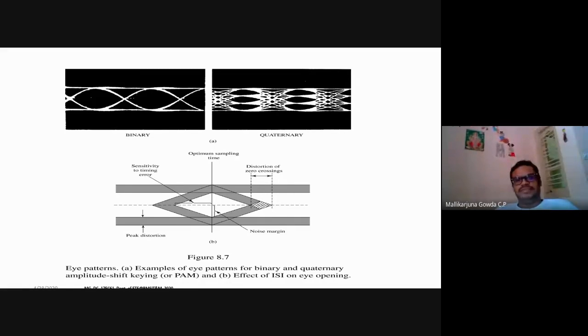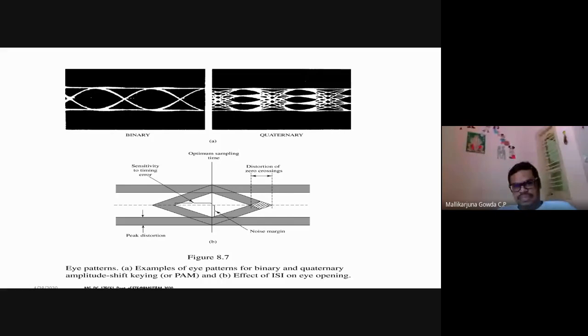Means at the receiver, if the sampler samples at this time, then we'll be able to get the proper signal. So this is the optimum sampling time, and here a slope is also there, right? This slope, I will come back to that. And this one is the peak distortion. Between these two lines, from here to here, I call it the noise margin.